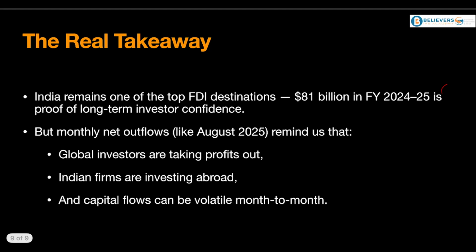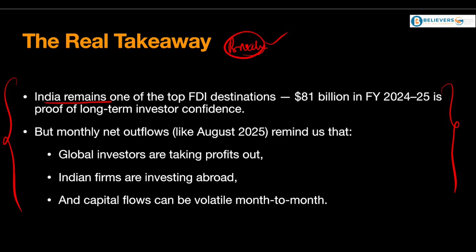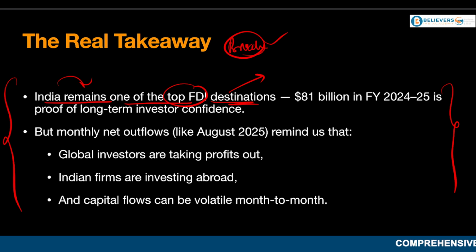So now, what is the real takeaway? From the aspirant's point of view, you just have to keep in mind to see things in a broader way. For us, it is important to see that India remains one of the top FDI destinations. This is what actually matters, because if we look at the total FDI inflows, India is currently the top FDI destination.